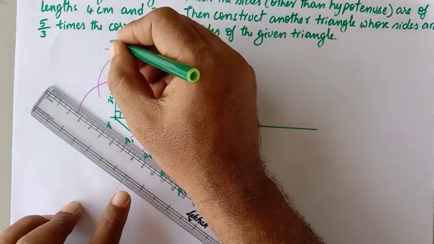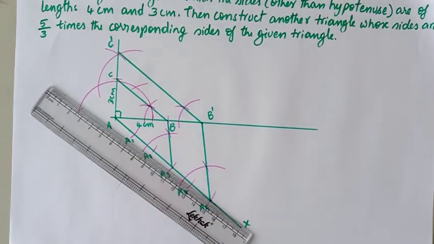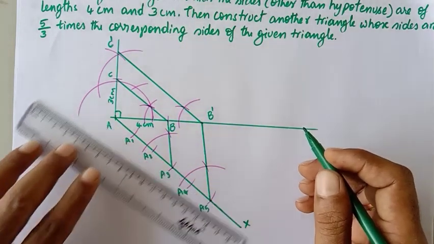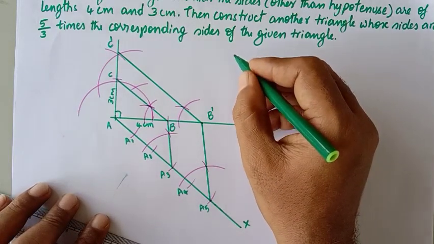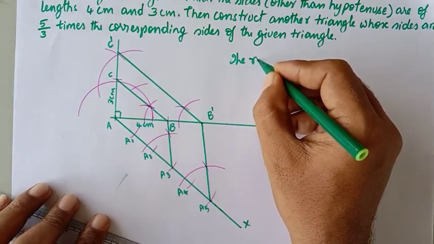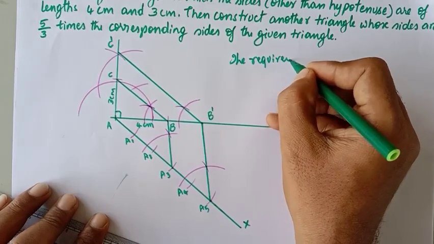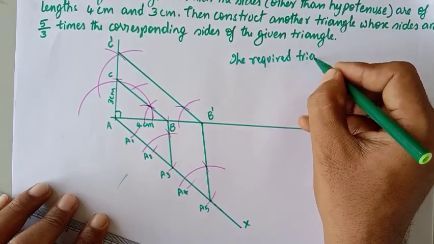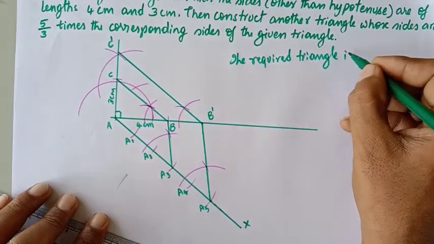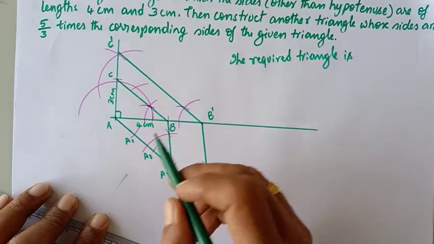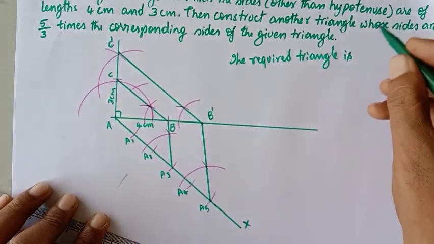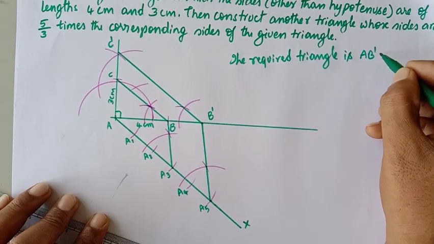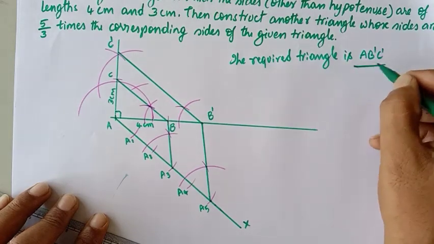Let me name this as C dash. The required triangle is ready now. The required triangle is A, B dash, C dash. A, B dash, C dash is ready.